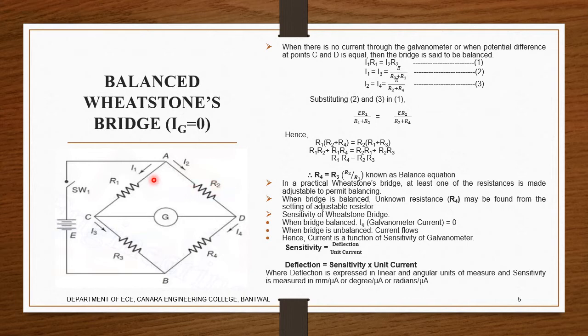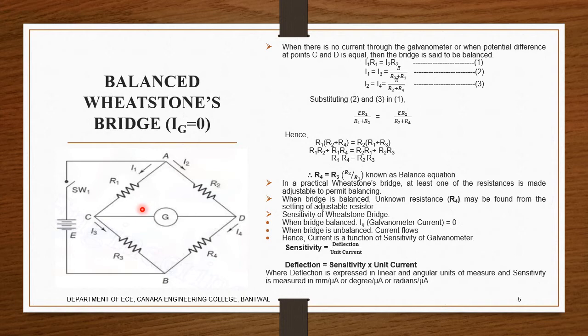How can we calculate? I1 into R1 is equal to I2 into R2. This is equation 1. Then I1 is equal to I3, because the same current flows; since this is balanced there is no current flow through the galvanometer, so it acts as an open circuit. Similarly I2 is equal to I4. So I3 is equal to E, the potential supplied by the EMF, divided by the resistances available here, R3 and R1.